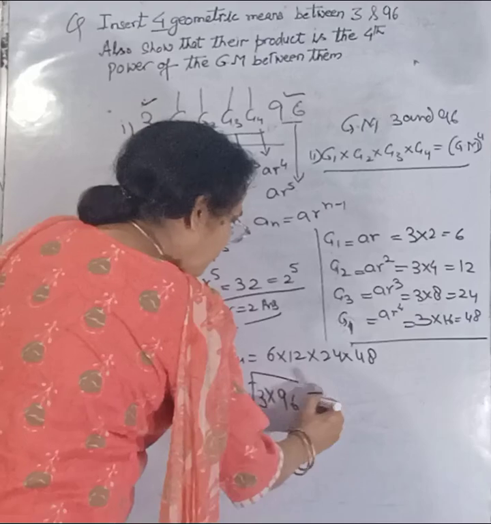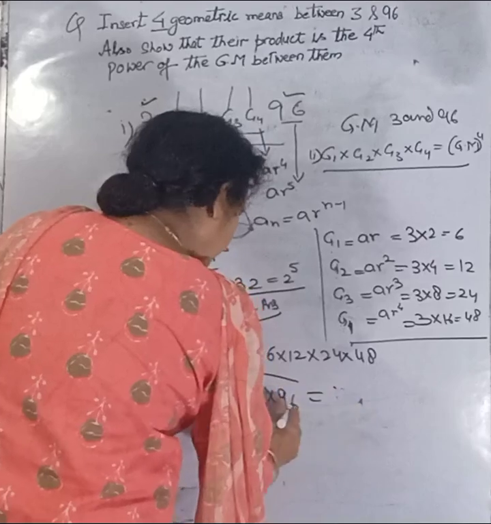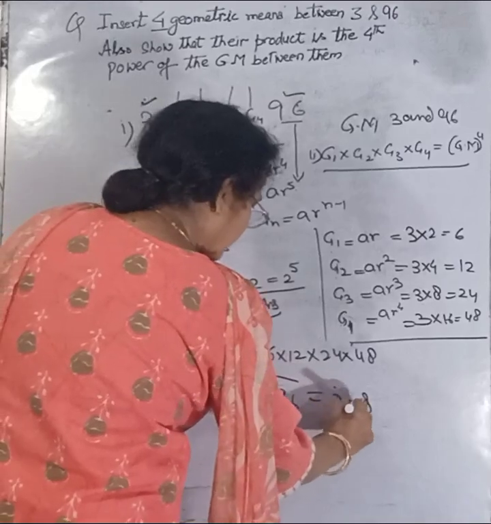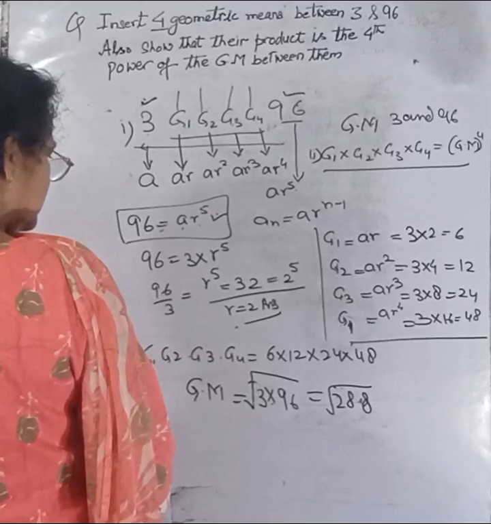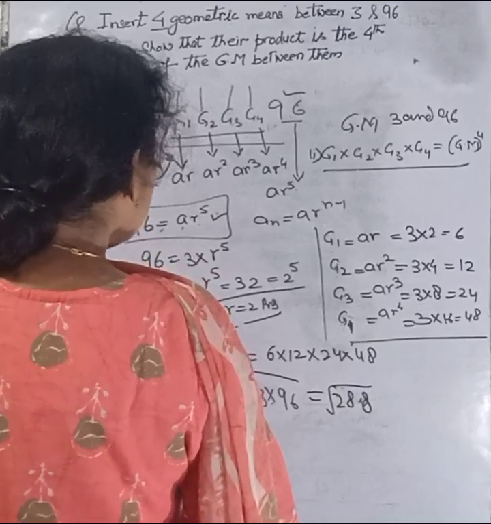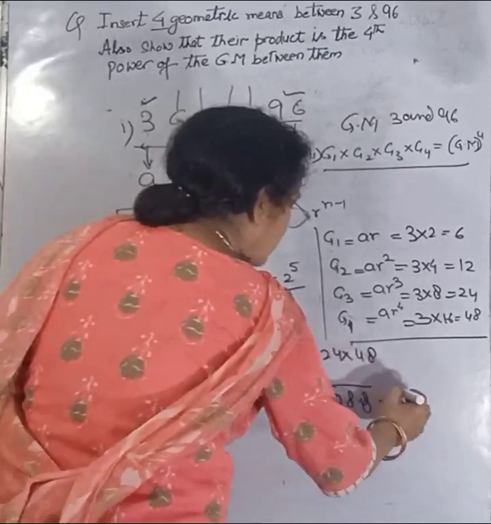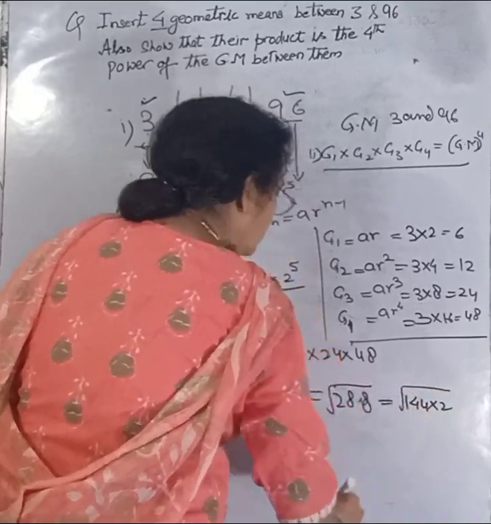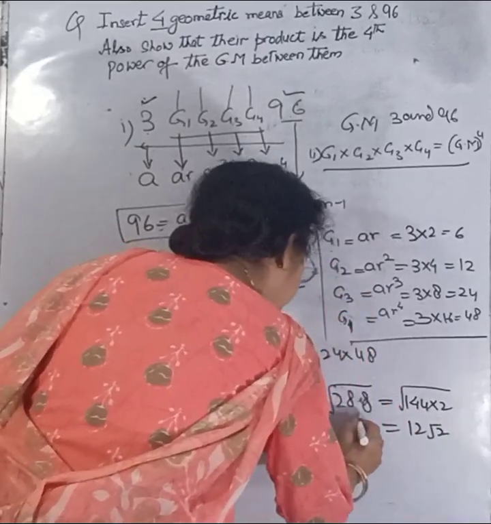So this will be equal to root of 288. 228 under root can be written as 144 into 2 root. That is 12 root 2. This is the GM.